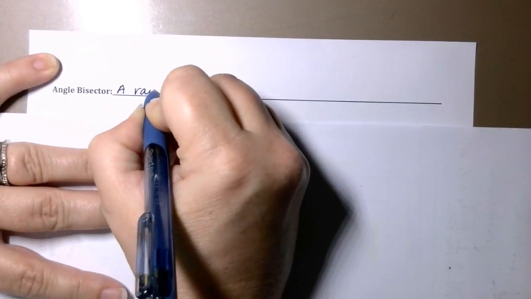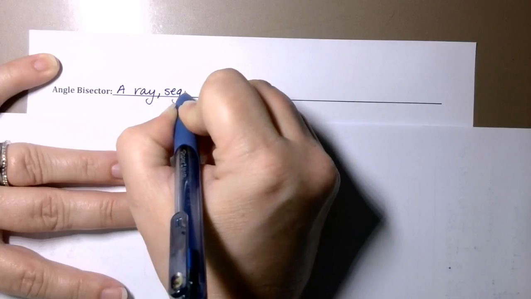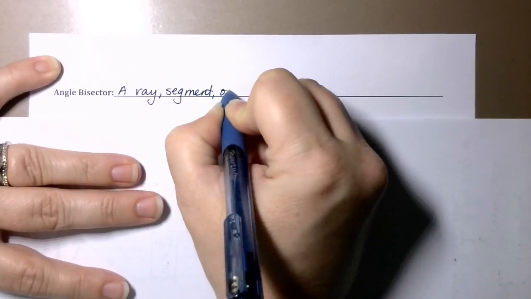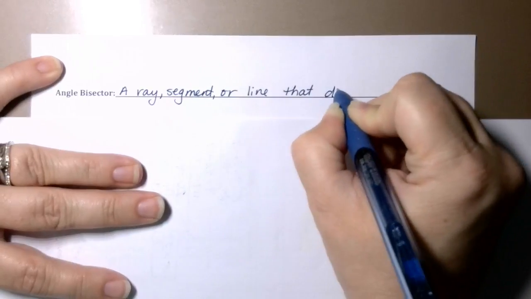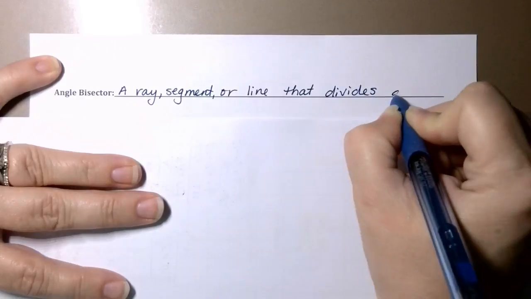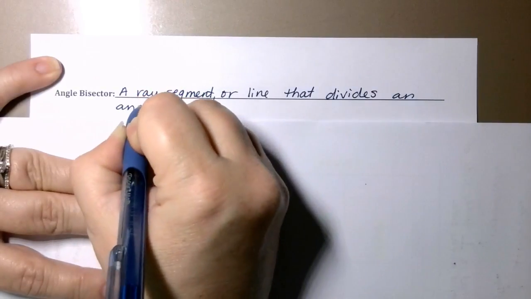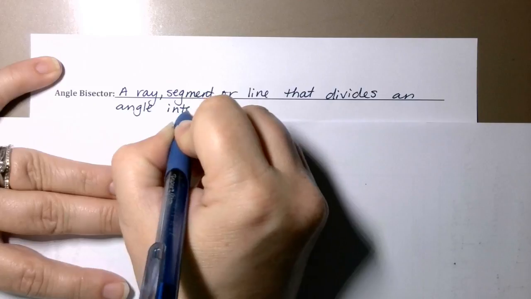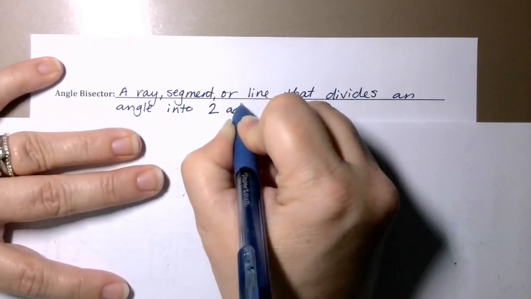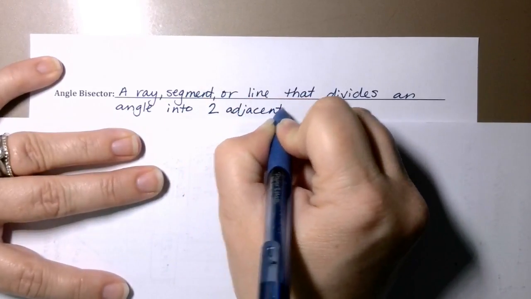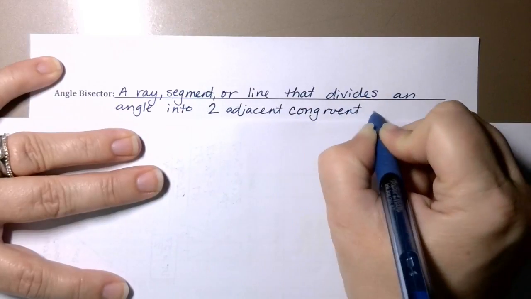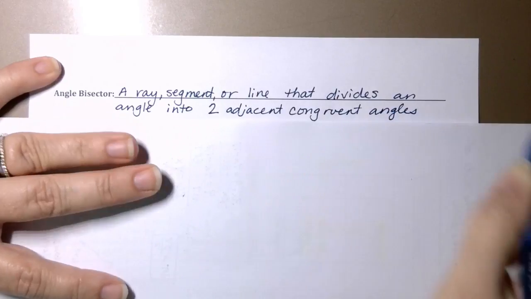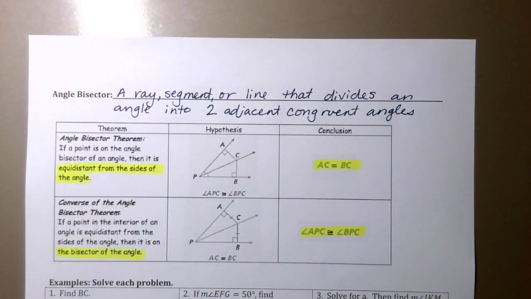A ray, segment, or line that divides an angle into two adjacent congruent angles. Yeah? We'll just do one at a time.